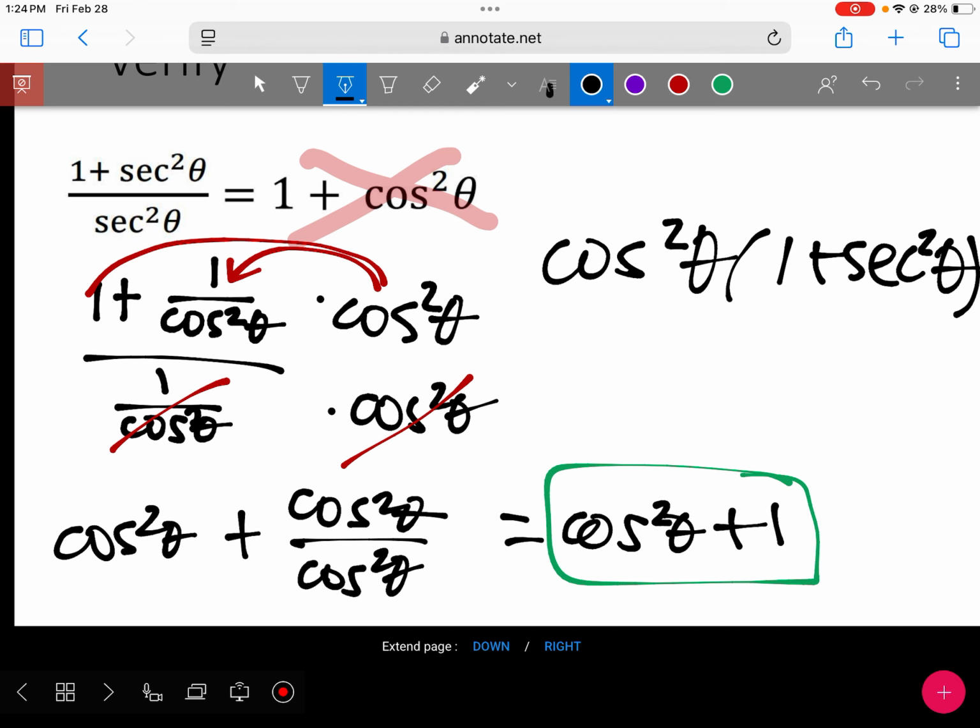Now 1 plus secant squared could be a different identity, which is another thing the first group, they went down a rabbit hole where they had tangent squared, and I was like, that is going to be far too complicated. You're not wrong for turning it into that, but you're going to end up doing a lot more steps, and you're going to get stuck on problems on the test if you end up doing that.